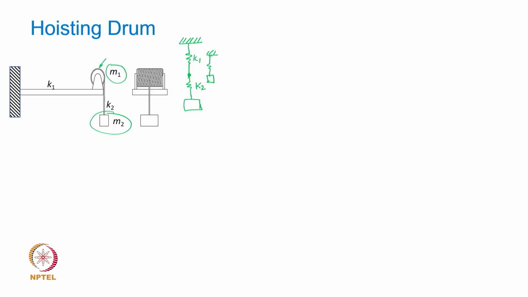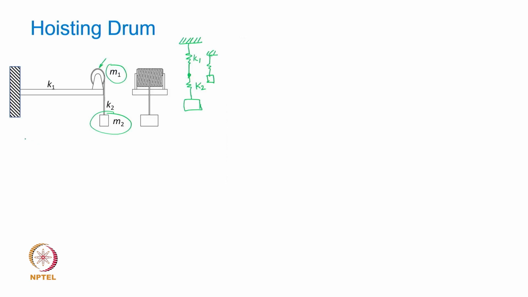Now, what if this M1 is not very small or negligible compared to the mass M2? What happens? We have discussed this in the initial discussion of this multi-degree of freedom system, that if M1 is not something which is very small compared to M2, we might as well include that in the model.